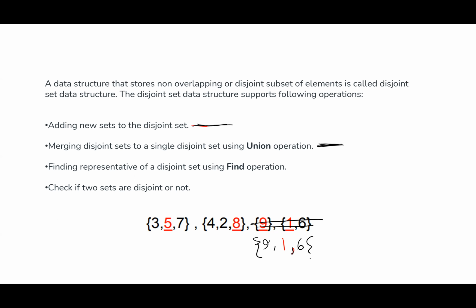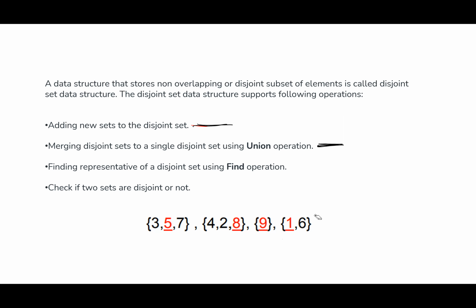This is a union operation, the union of 9 and 1. 9 was the name of this set and 1 was the name of this set. After we union them, it becomes the new merged set 916, and the new name is 1.